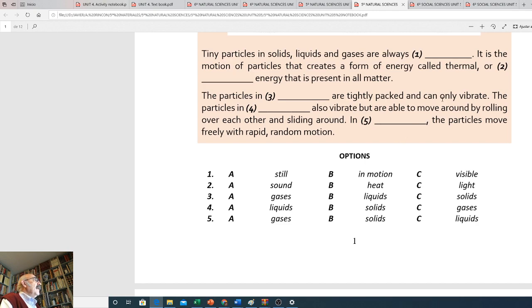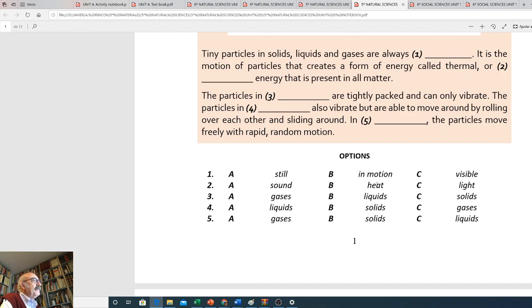Good. Next. It is the motion of particles that creates a form of energy called thermal, and you can choose between sound A, heat B, light C. You only have to write the A, B, or C. Only that in your chat.